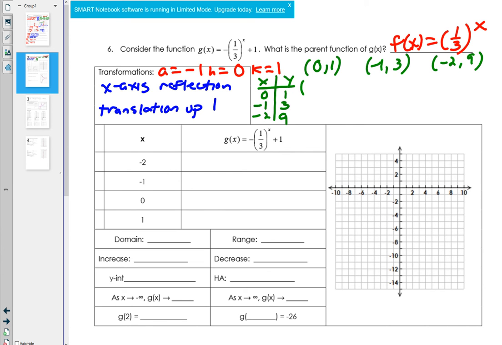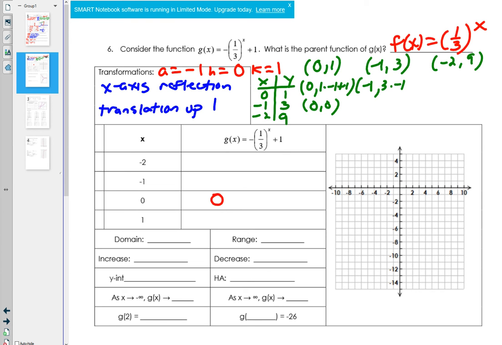So 0 stays the same, but it's 1 times -1 plus 1. What's 1 times -1 plus 1? It is 0, so 0, 0. I know 1 point is going to be 0, 0. The -1 stays the same.